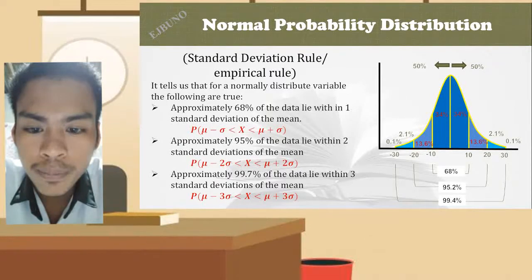Approximately 99.7% of the data lie within three standard deviations of the mean. P, expected value minus 3 times the standard deviation, less than x, less than expected value plus 3 times the standard deviation.